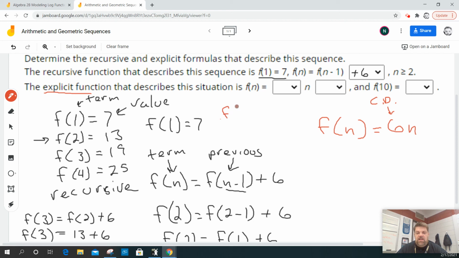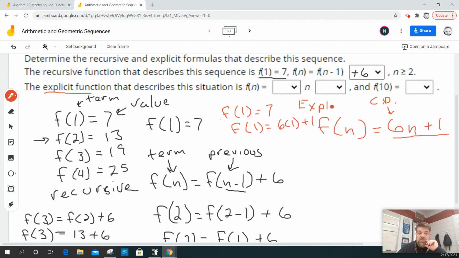So if I think about this, f of 1 equals 7. So to do the explicit function notation, I've got to figure out sort of what I add. In other words, if I do an explicit, I'm going to say f of 1 is equal to 6 times 1 plus 1. So I'm going to say 6n plus 1. So this is the explicit function.